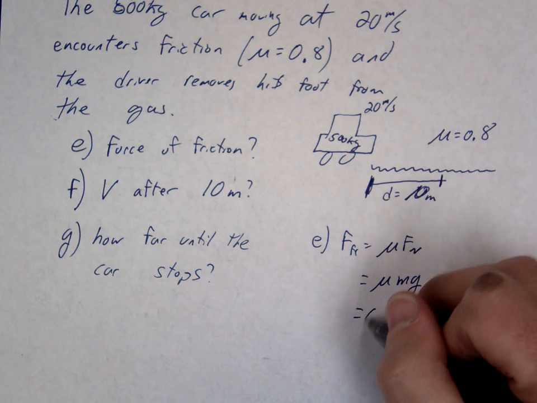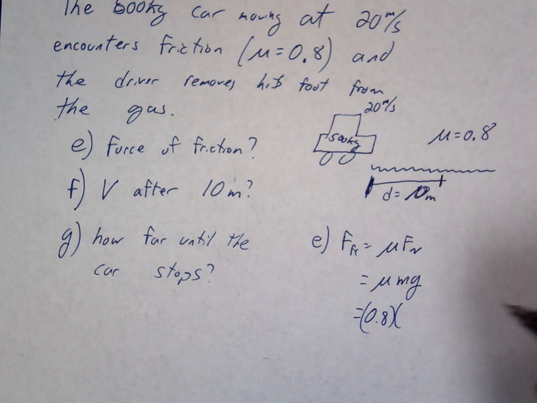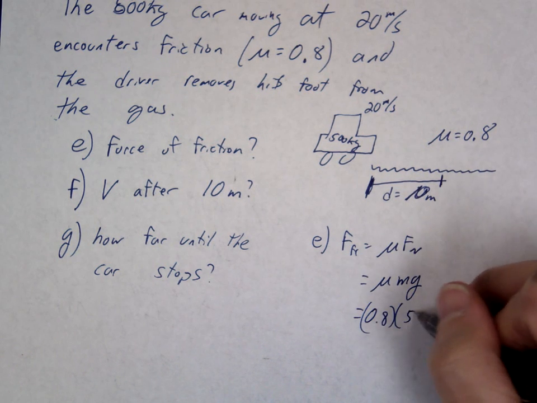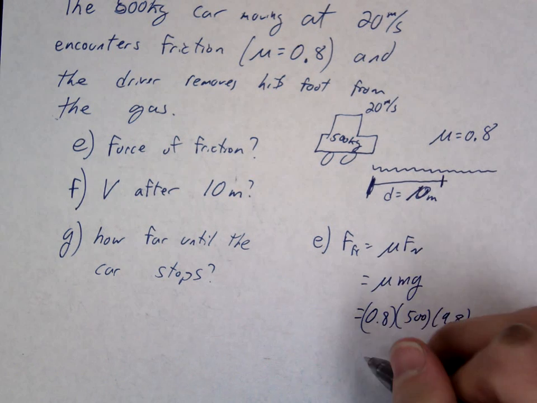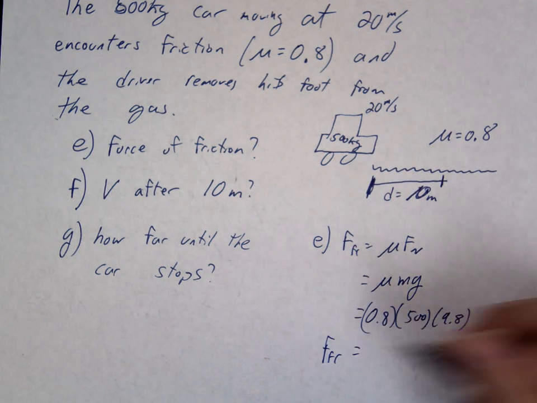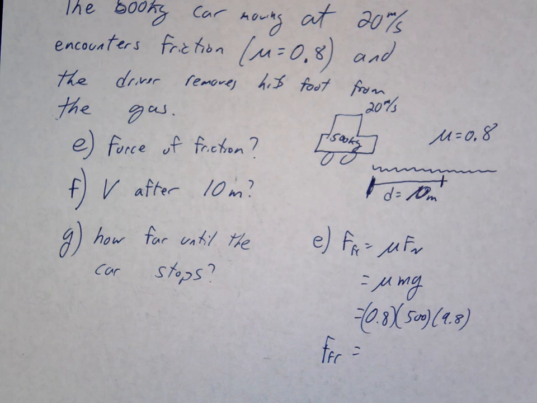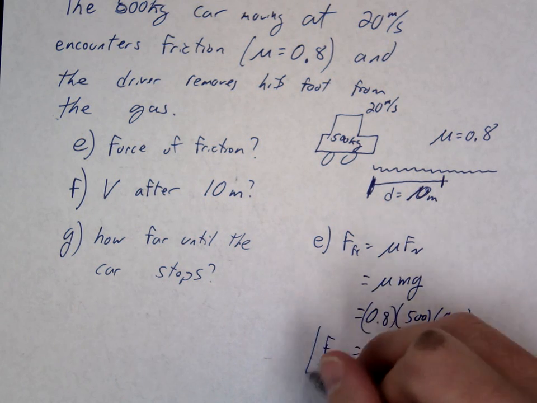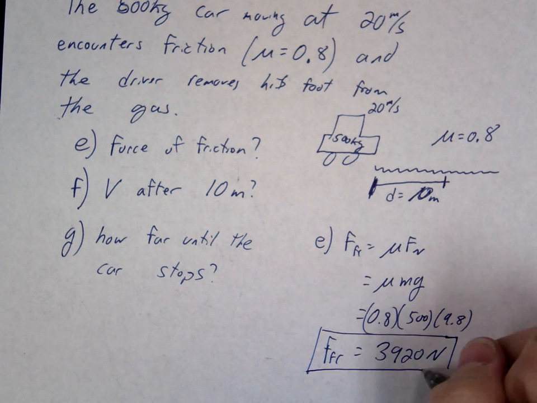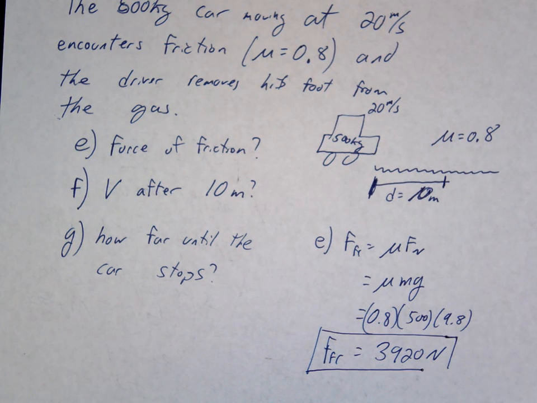So mu here was 0.8, 500 times 9.8. All right, what's force of friction? Okay, so that's our force of friction, right?